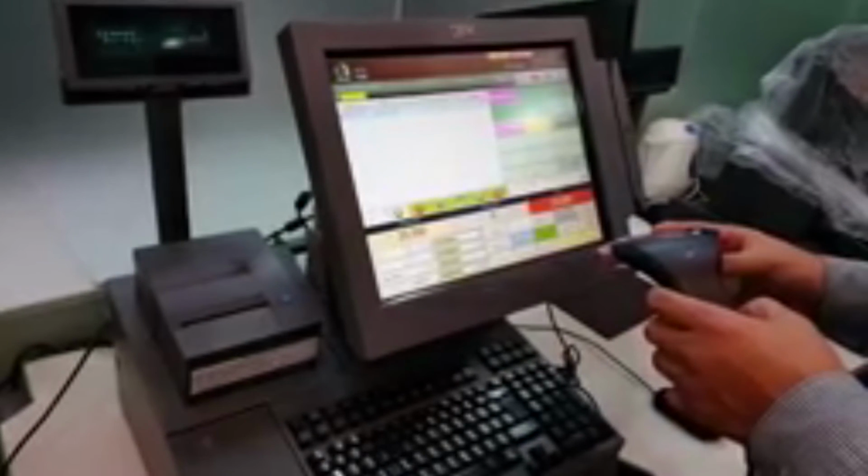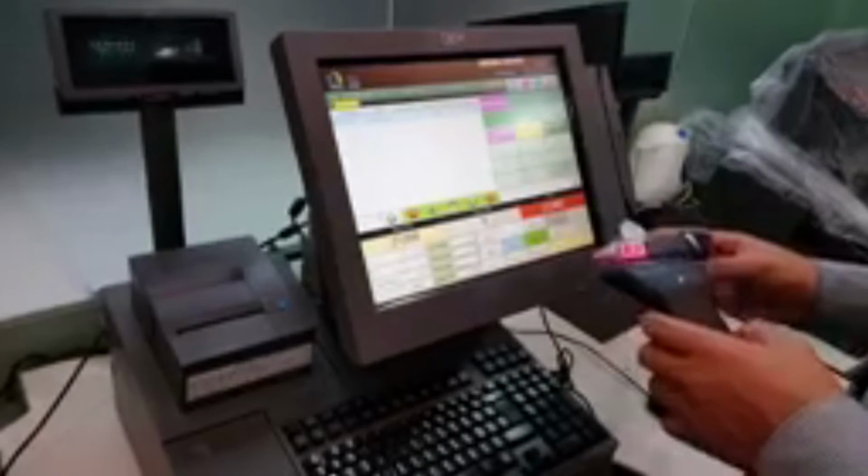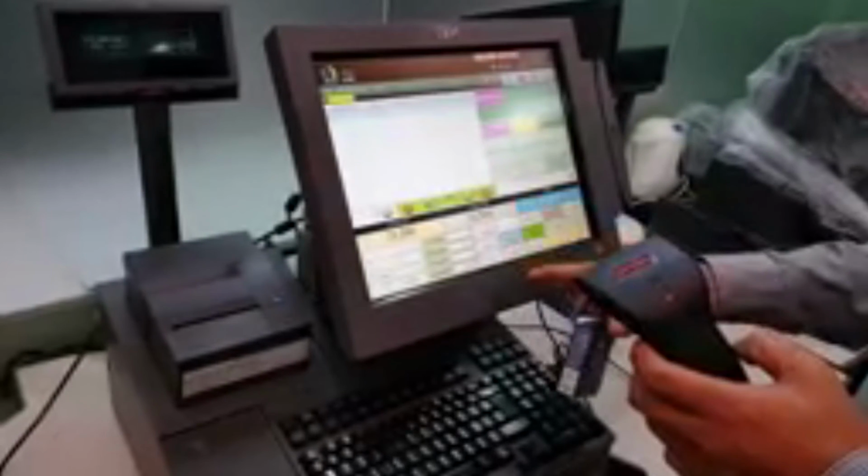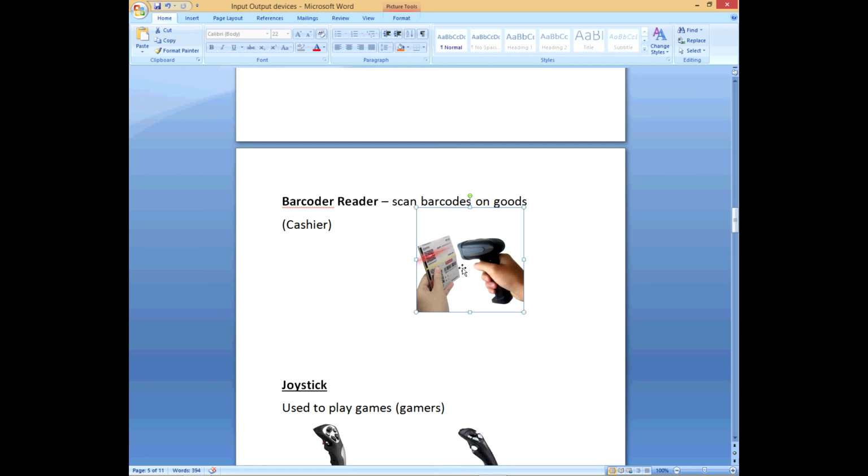If you look at the things you buy, you see these little black lines, some thick, some slim, some skinny. It's a code that gives the cashier information about the product: expiry dates, delivery dates. It records that it's been sold. It is used to keep track of stock.